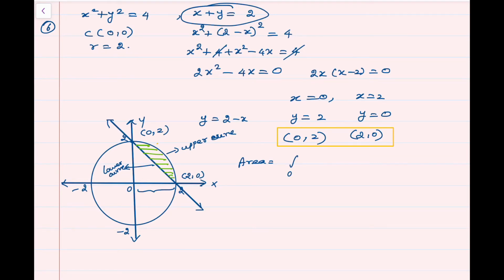So, integral 0 to 2 of upper curve is circle minus integral 0 to 2 of lower curve is the line.